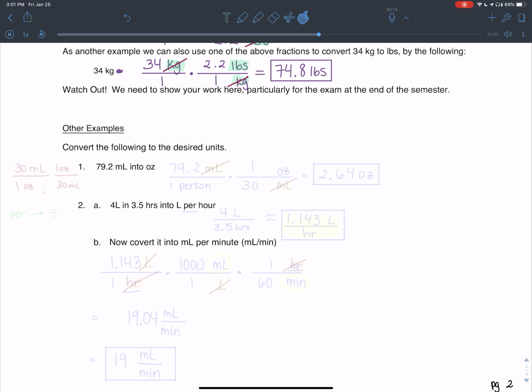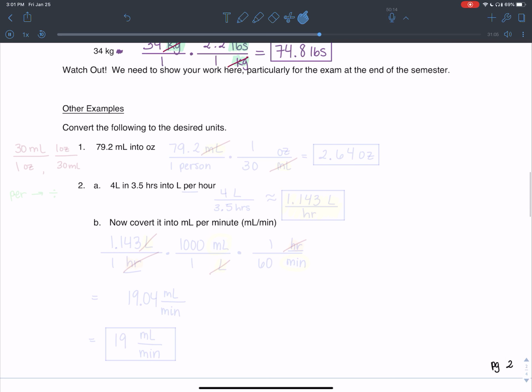So let's go through some more examples and then I'll give you some to do. So for instance, if I wanted to convert 79.2 milliliters into ounces, usually we go the opposite way, ounces into milliliters, but I just want to try and make sense of what we're talking about with conversions here. So, all right, 79.2 milliliters.